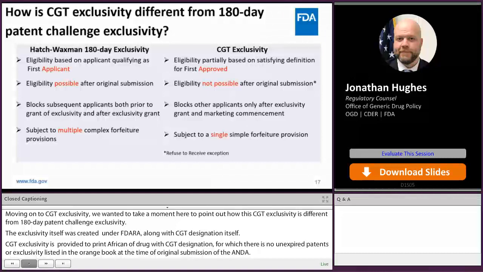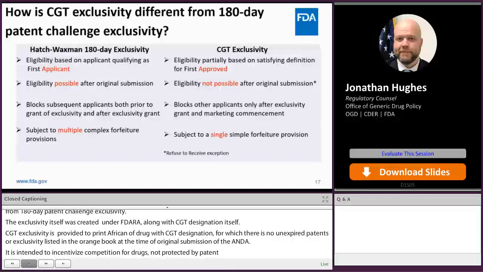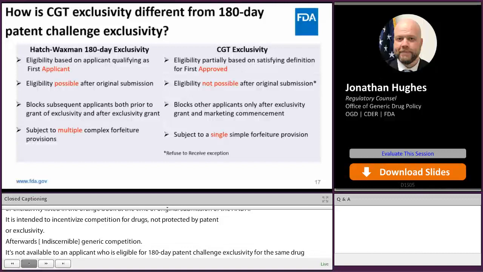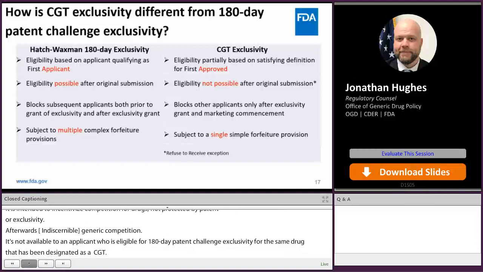It's not available to an applicant who's eligible for 180-day patent challenge exclusivity for the same drug that's been designated as a CGT. So looking at our chart, we can see that eligibility for Hatch-Waxman 180-day exclusivity is based on the applicant qualifying as a first applicant.